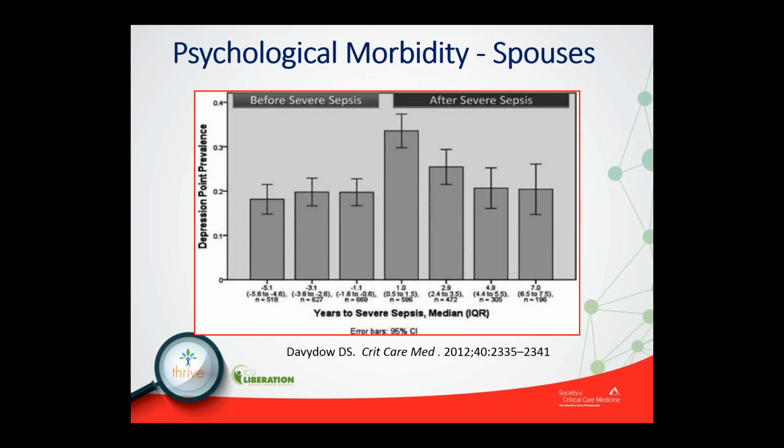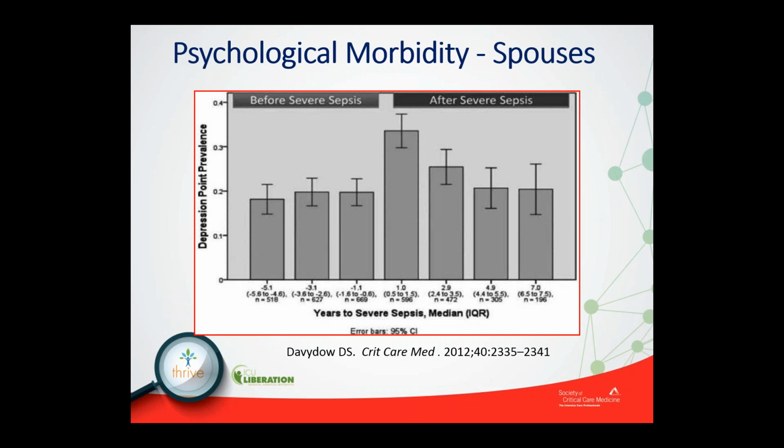We certainly know that psychological problems occur not only in ICU survivors, but also in their spouses, and you'll see a slide here that highlights the fact that depression often worsens after intensive care, after things like severe sepsis, in spouses or family members as well.